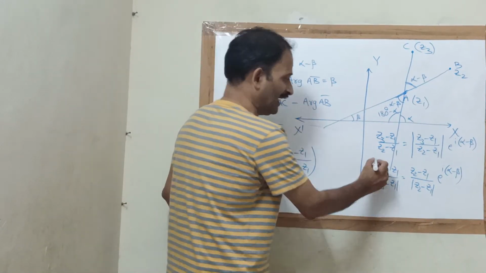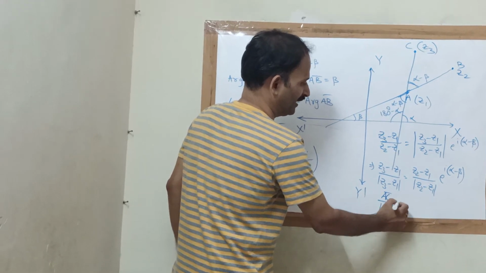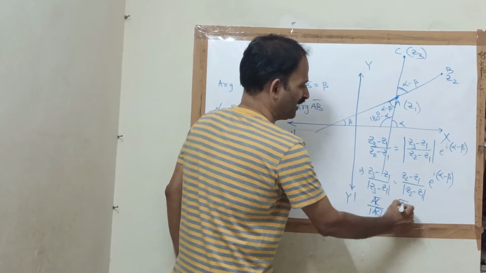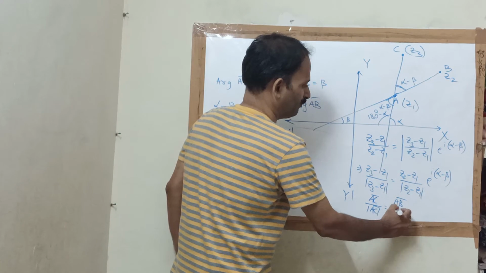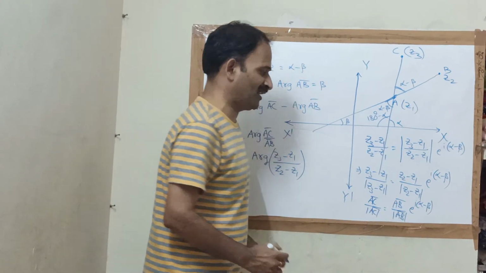That means AC bar by length of AC bar equals AB bar by length of AB bar into e power i times alpha minus beta.